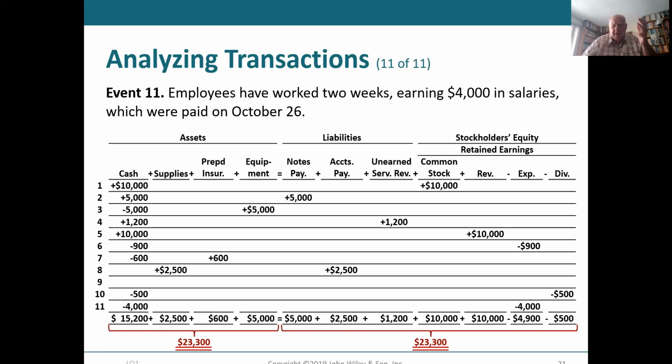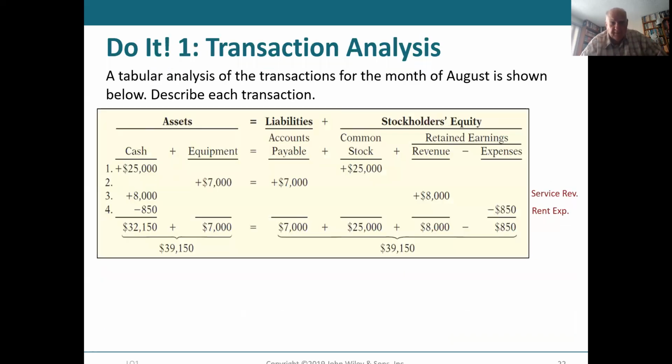You keep the accounting equation in balance at all times. So let's see what we have here. A tabular analysis. Here they're just showing you in a different format how to lay something out. They want you to describe each transaction.